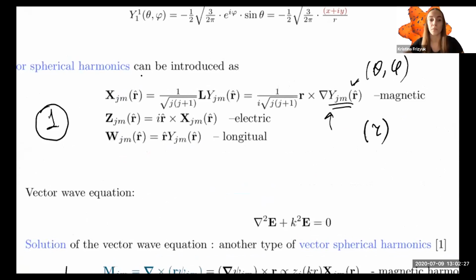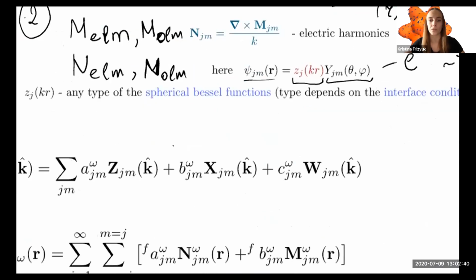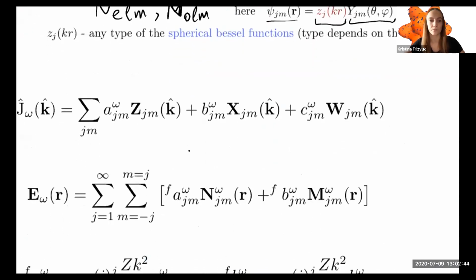And the two types of harmonics, as Ivan already mentioned, are connected by a Fourier-like transform, which you can also find in the appendix of the PDF file.